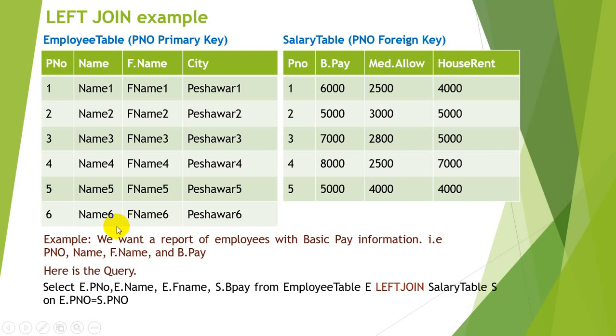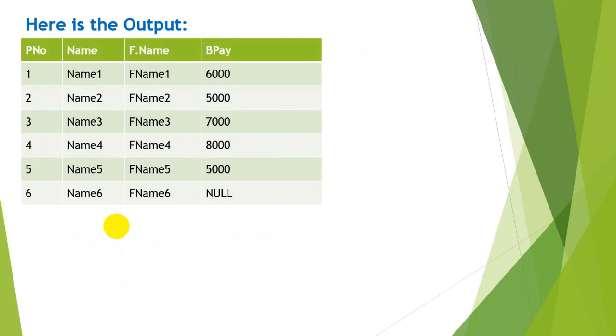Uncommon means a record available in the left table which is not available in the right table. So record number 6 is available in the left table while not available in the right table, so record number 6 is also displayed. In the column basic pay there is null because there is no information available in the salary table. So this is the result.